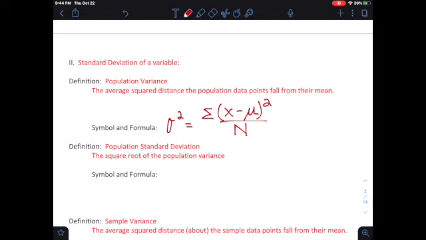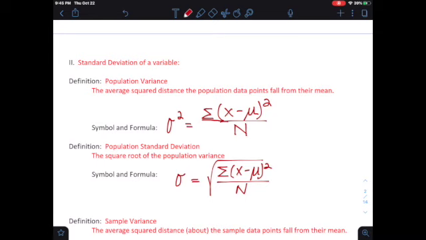And if you square root both sides, as you learned last year, square and square root cancel each other out. So that's going to be just sigma equals the square root of the summation of x minus mu, parentheses squared, over big N. Now, my bad on drawing the line, but the summation should be above the line.